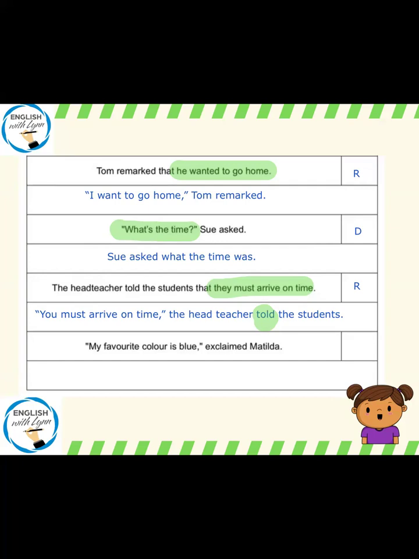quite easy, I think, because I can see those inverted commas there. So the next one there, it is direct speech. And the bit that is being said is my favourite colour is blue. Now, what I need to do again is change the pronoun because it is Matilda. Matilda is a girl.